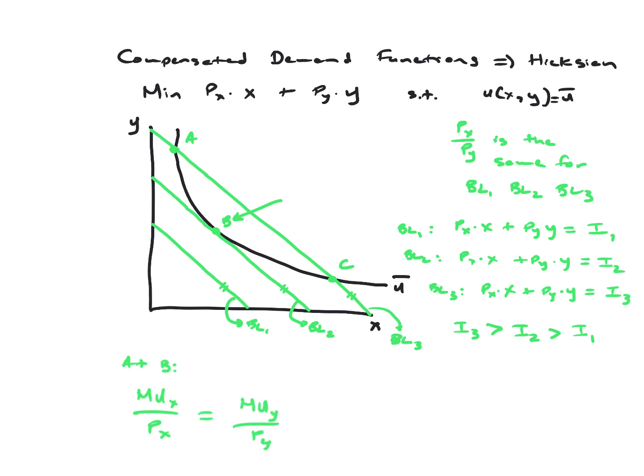And again, where this is coming from, as I had shown on the previous slide, it's coming from the fact that the slope of the indifference curve, or the marginal rate of substitution, is equal to the ratio of the prices. And you'll recall that the marginal rate of substitution is just MUX over MUY.